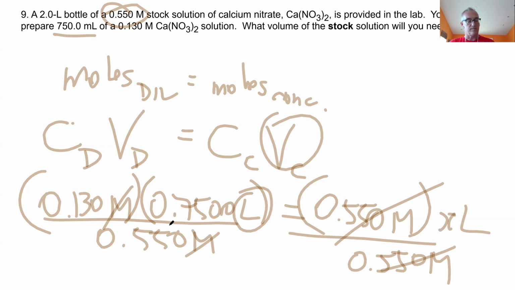So in this equation, C1 times V1 equals C2 times V2. We don't have to convert the milliliters to liters, right? Because as long as your units are the same on both sides.